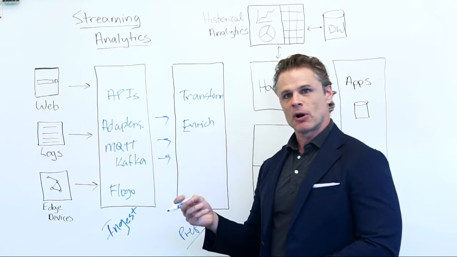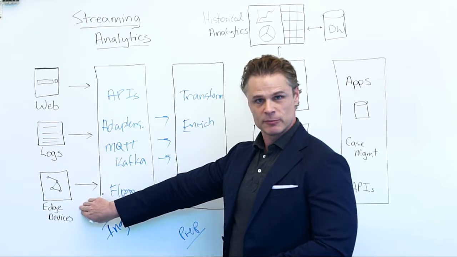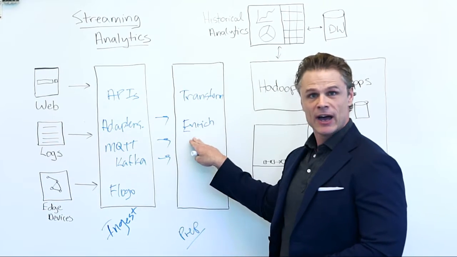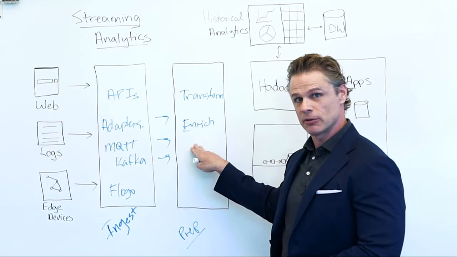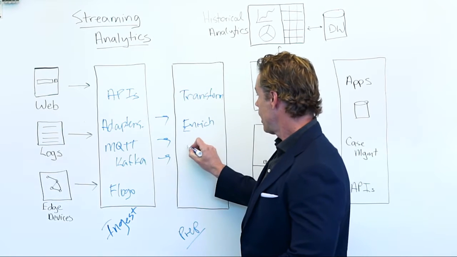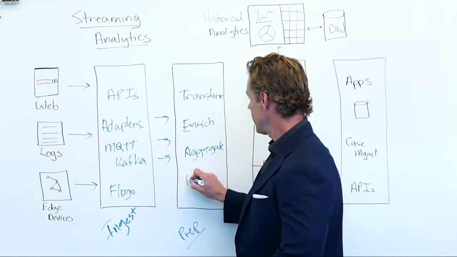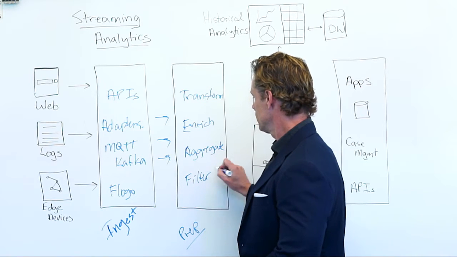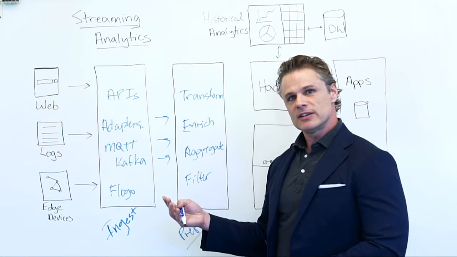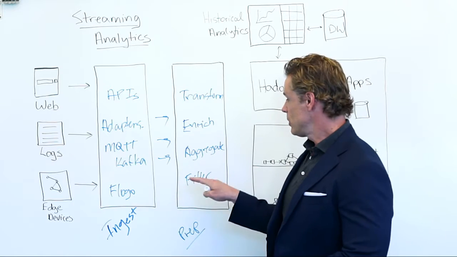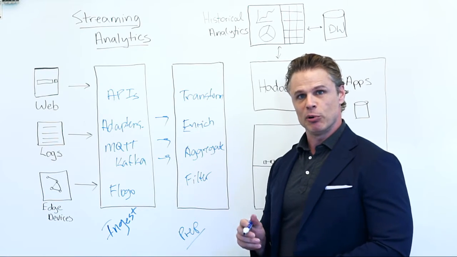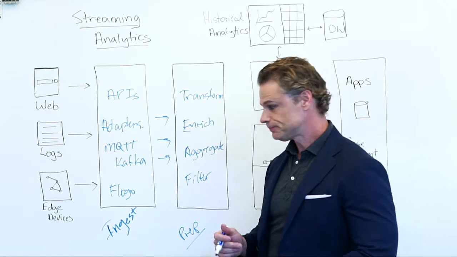This could be a case where I have received an identifier from this particular sensor and I want to add information about the manufacturer and certain thresholds to that data. I may aggregate the data, or may even do things like filter the data. The idea is to get the streaming information into a format that the downstream components can utilize effectively.